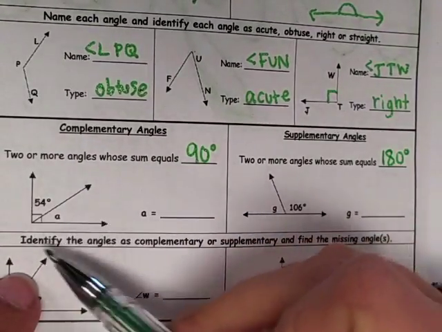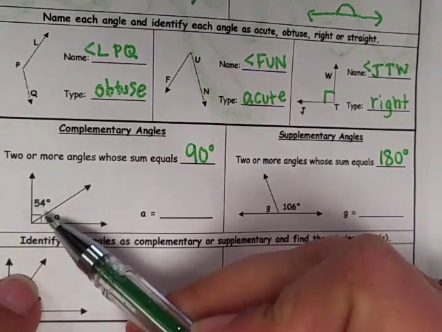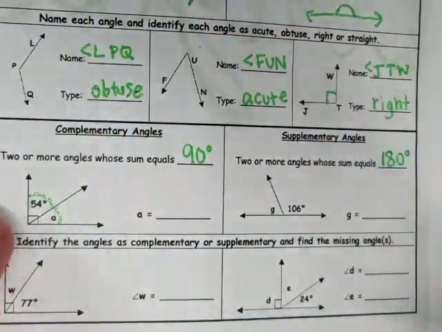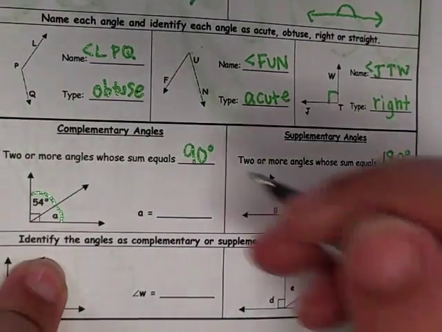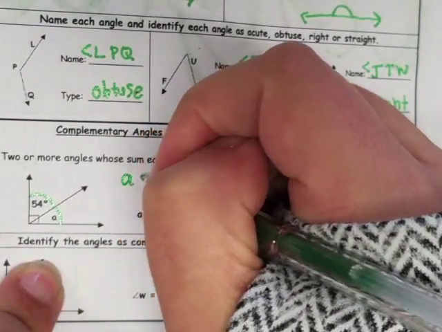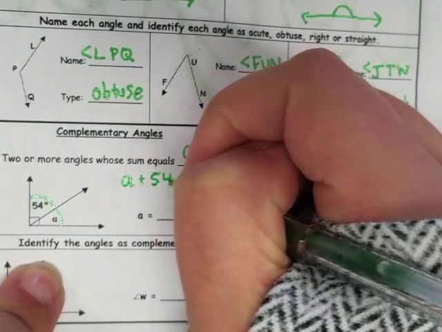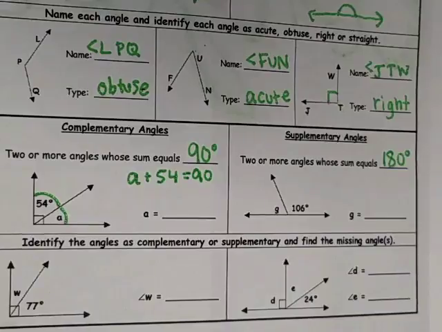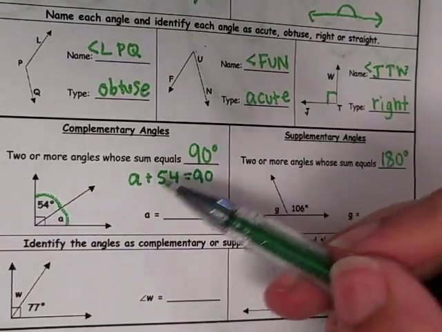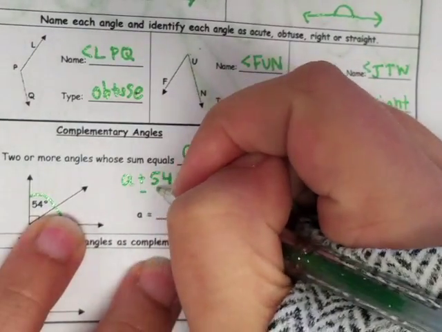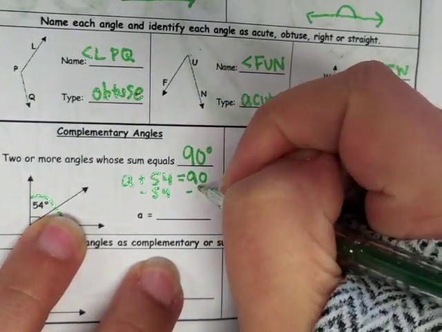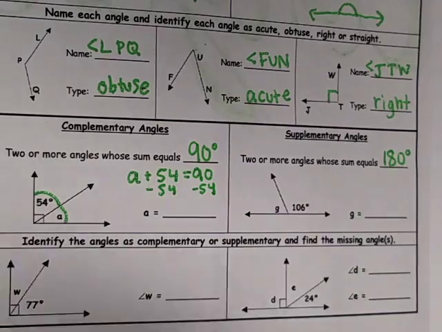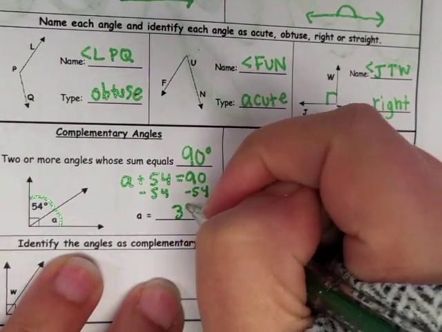So if we look at this problem right here, angle 54 degrees plus angle A have a total of 90 degrees. So we can write an equation. A plus 54 is equal to 90. So what plus 54 gives you 90? Well, we know that this is a one-step equation, so we're going to subtract 54 from both sides. And 90 take away 54 is 36.